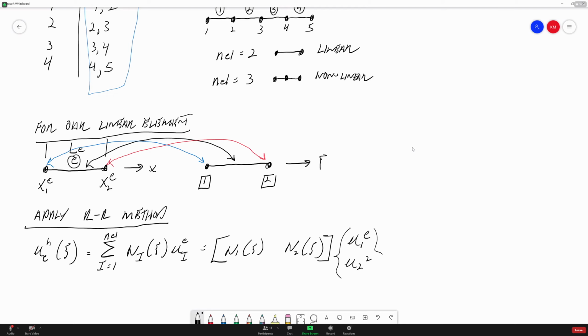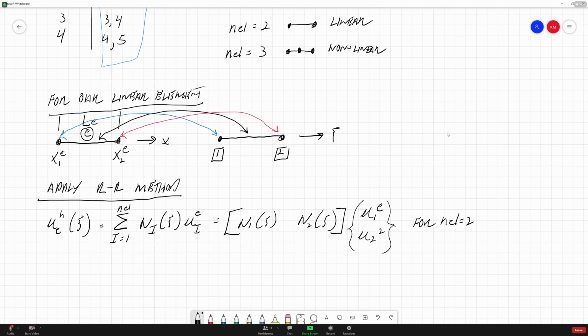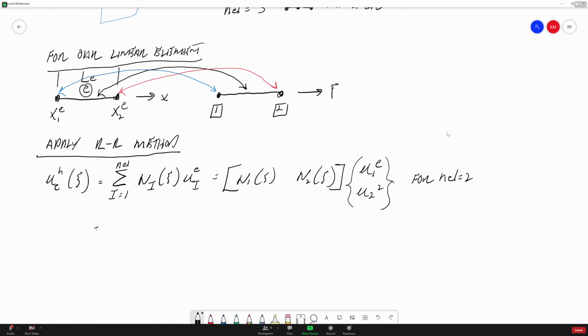For nel equals 2. So the way I've written this here, this is a matrix. And this is equal to N e d e, where our shape functions are our N e.